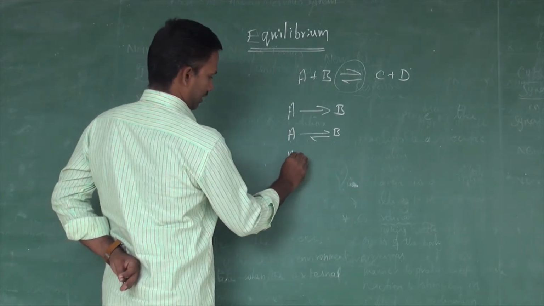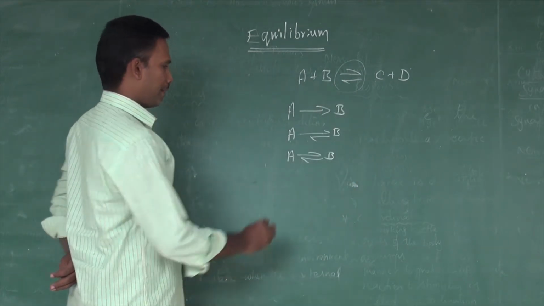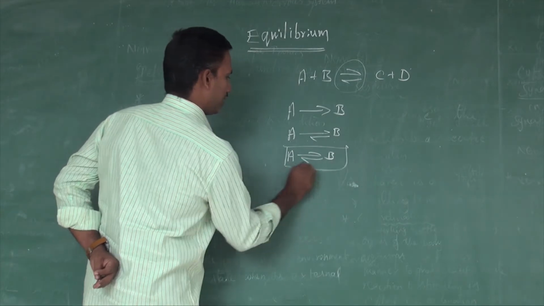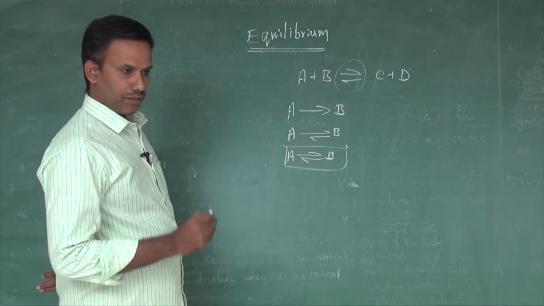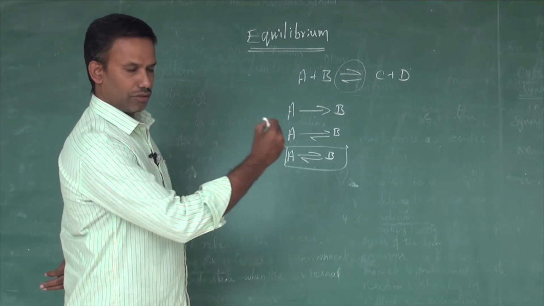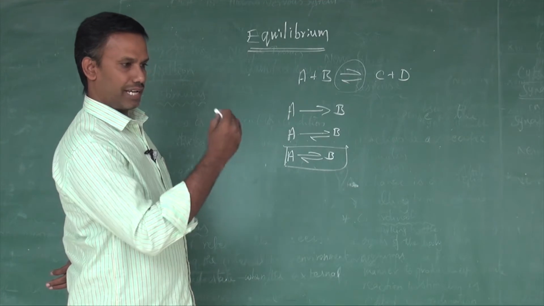Now let us come to the conclusion. A reversible process means A gives B, B gives A. An equilibrium process is one where both the forward and backward reactions take place at the same rate.